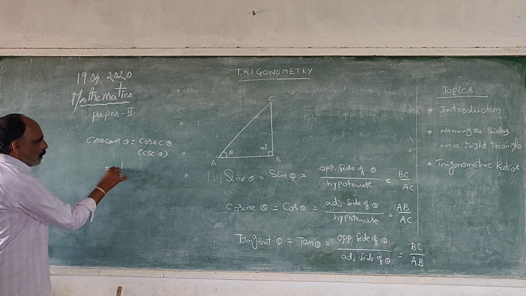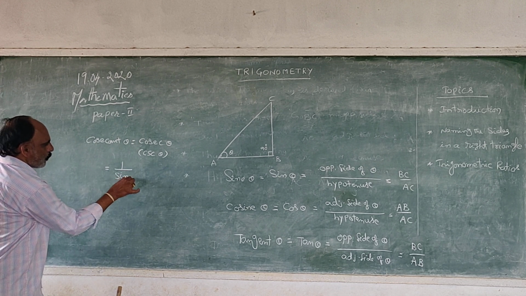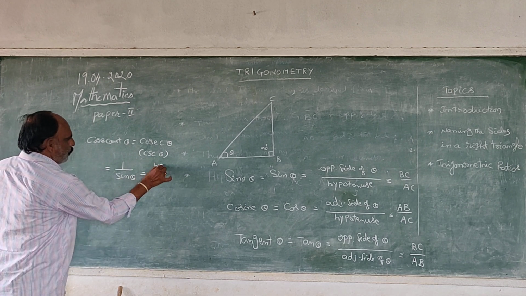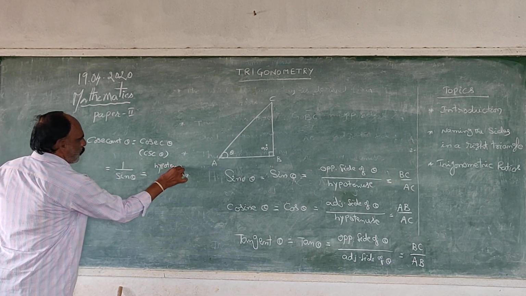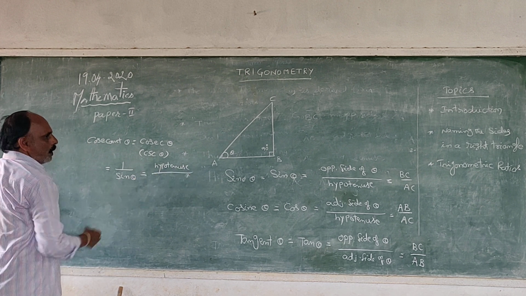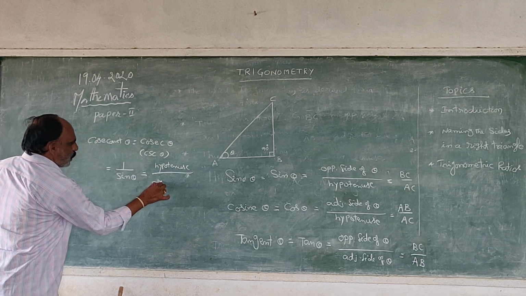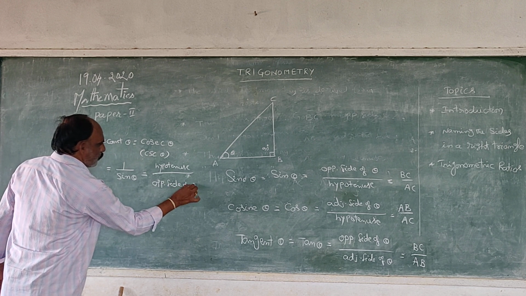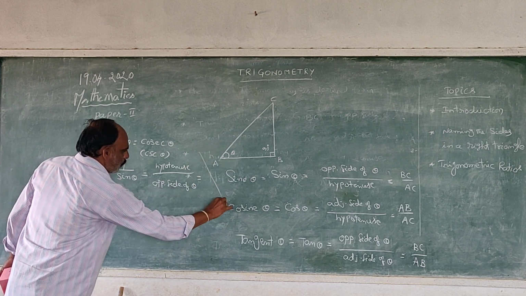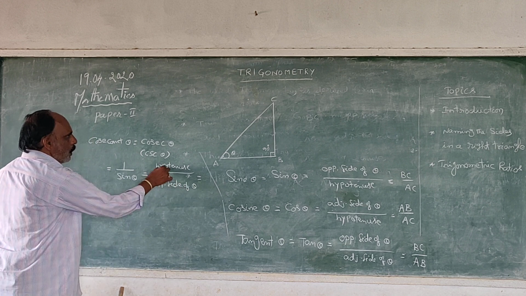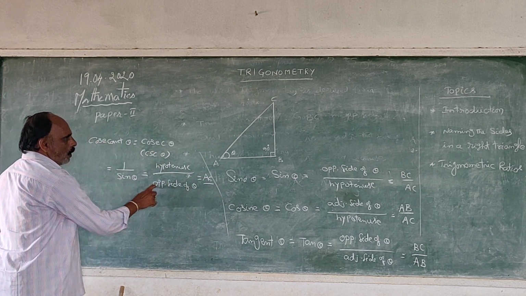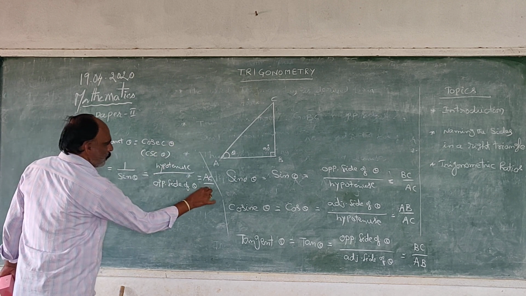So 1 by sin theta, that is equal to hypotenuse by opposite side of theta. That is, from the figure, hypotenuse AC by opposite side BC.